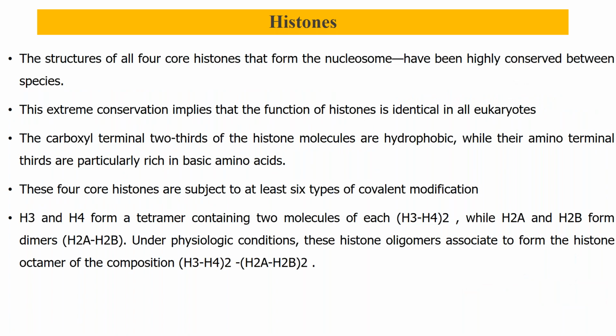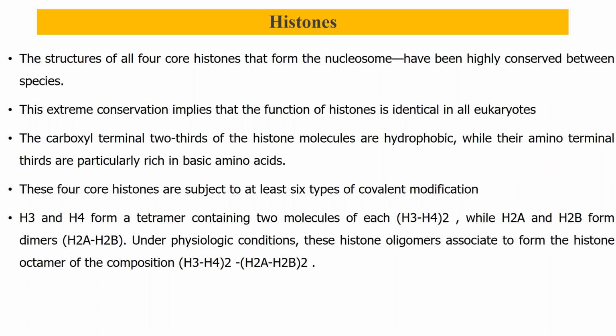So the structure of all the 4 core histones that form the nucleosome has been highly conserved between species. And the conservation of histones implies that they have the same function in different species and the entire molecule is involved in that function.